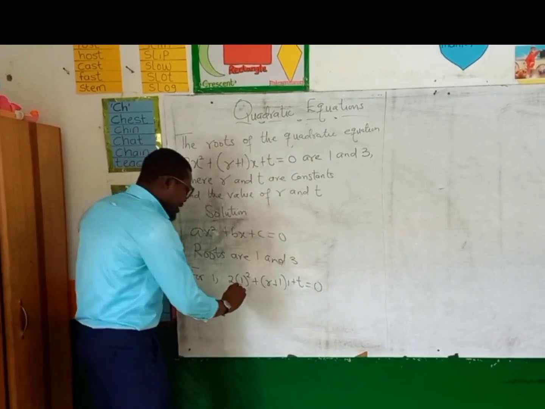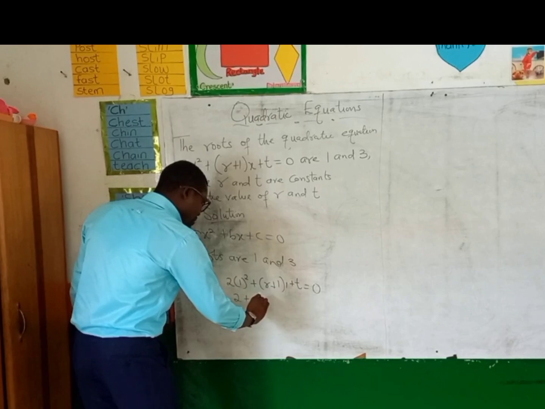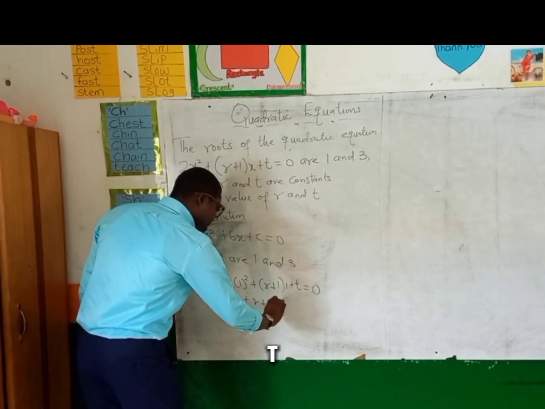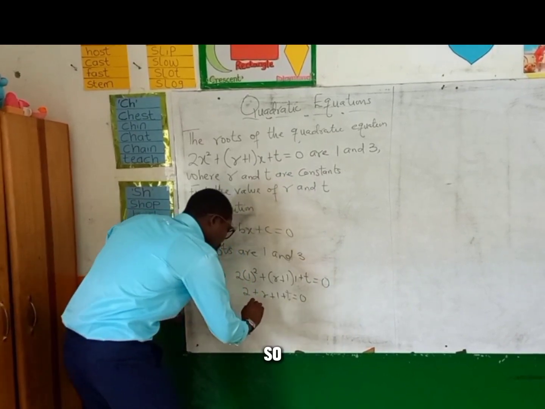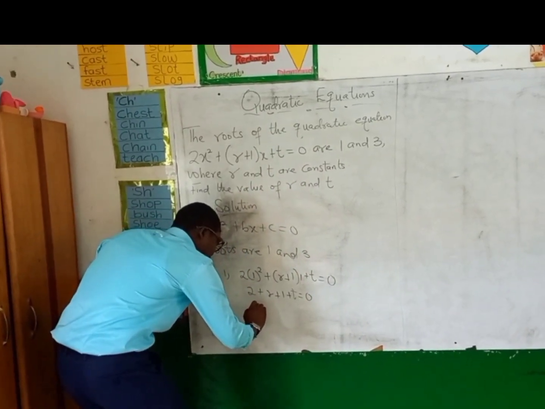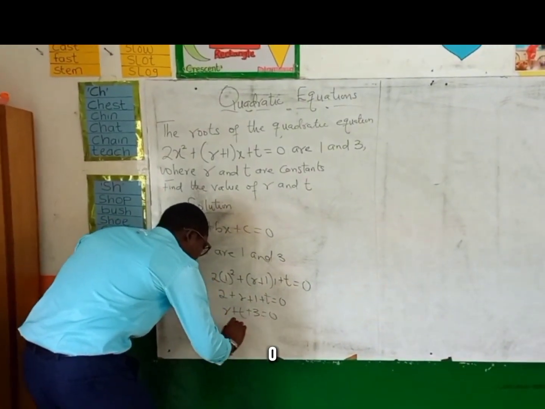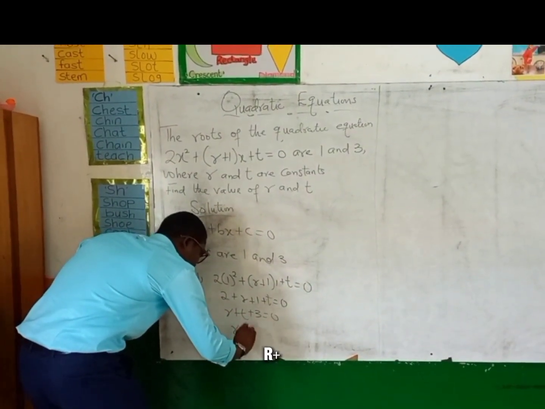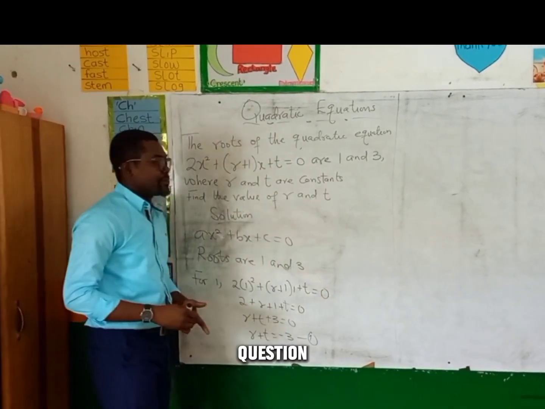If I simplify this, it should give me 2 plus r plus 1 plus t is equal to 0. So this should give me r plus t plus 3 is equal to 0, and I want to write this as r plus t is equal to negative 3. I can call this my first equation.